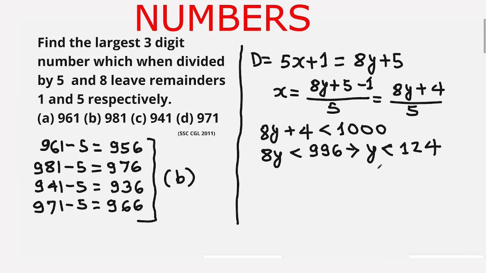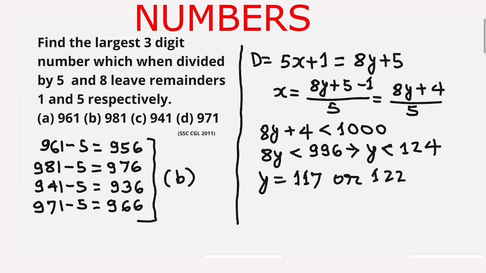If it is 2, then 8y plus 4 will be 8 times 2 is 16 plus 4 is 20, which is divisible by 5. Or 7, 8 times 7 is 56 plus 4 is 60, and that is also divisible by 5. So if we put last digit 7, then y can be 117 or 122. These both numbers are less than 124.